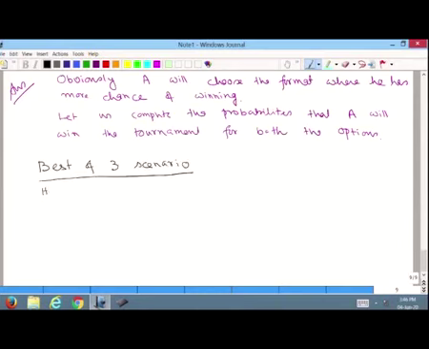Here, the player who wins 2 matches first is the winner.